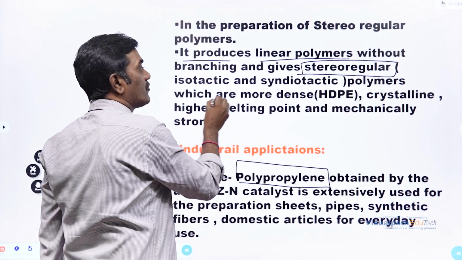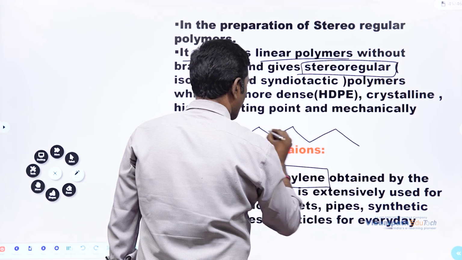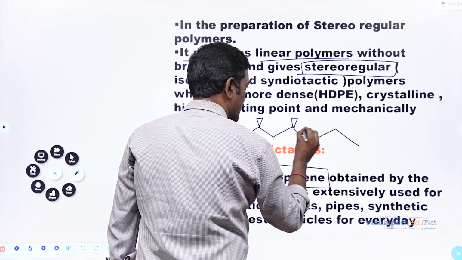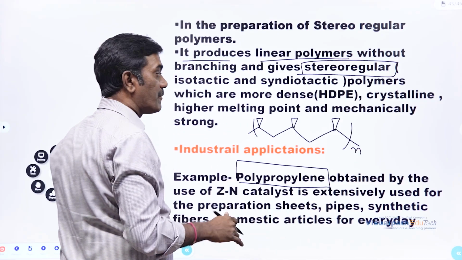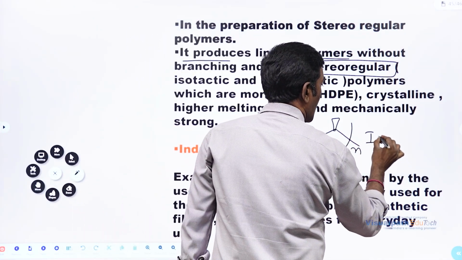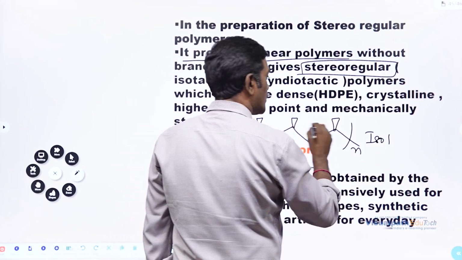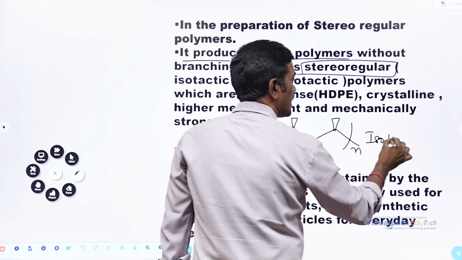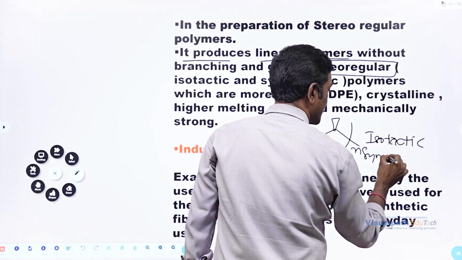That's what I mean. These are more dense, because if all methyl groups are on the same side, this is going to be more dense compared to the other arrangement. If the methyl groups come alternately, it will form syndiotactic.